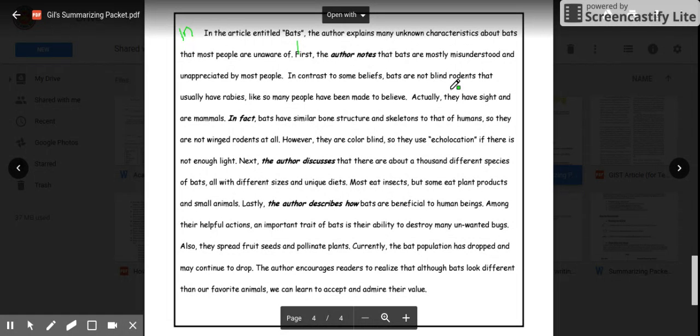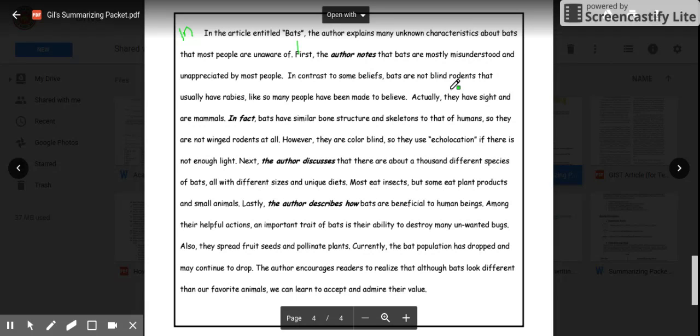In contrast to some beliefs, bats are not blind rodents that usually have rabies, like so many people have been made to believe. Actually, they have sight and are mammals. In fact, bats have similar bone structure and skeletons to that of humans, so they are not winged rodents at all. However, they are colorblind, so they use echolocation if there's not enough light.